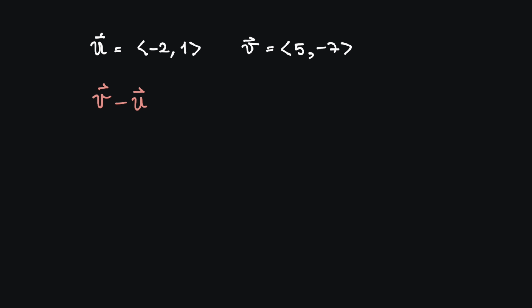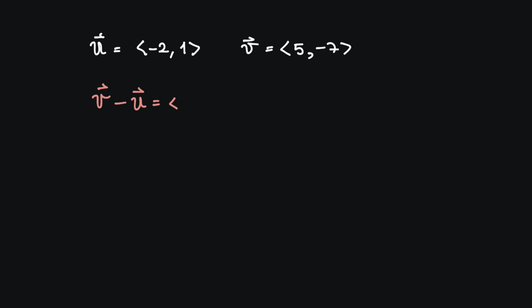Let's suppose that we have these vectors. We have vector U, that is (-2, 1), and vector V, that is (5, -7). So what if we subtract the vectors? What if we do vector V minus vector U?